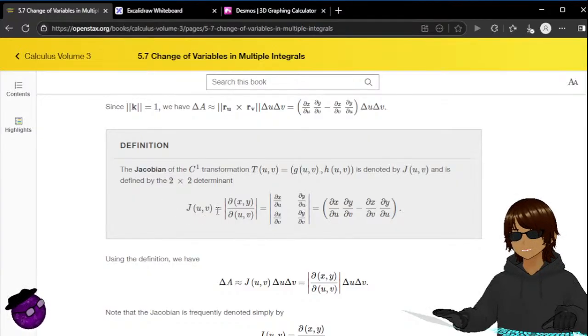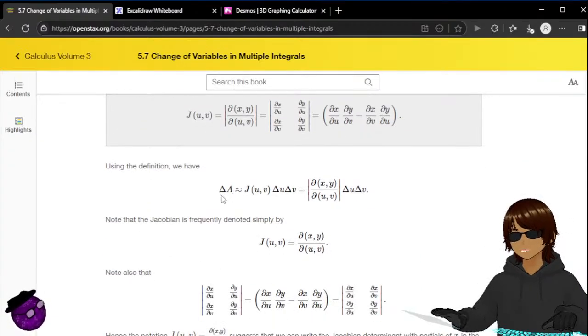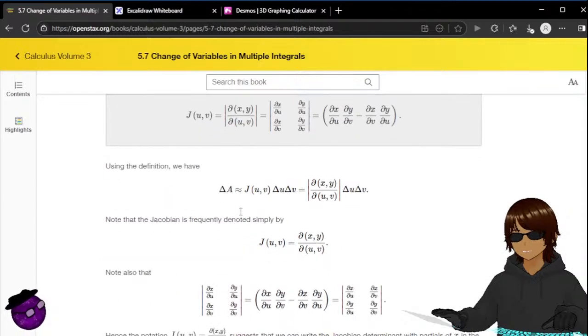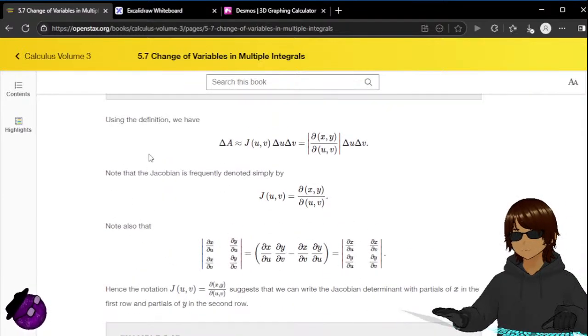The Jacobian is delta(x,y) over delta(u,v). Using the definition we have, delta area is the Jacobian times delta u delta v. What is this division thing over here? I don't remember seeing this in the matrix chapter.